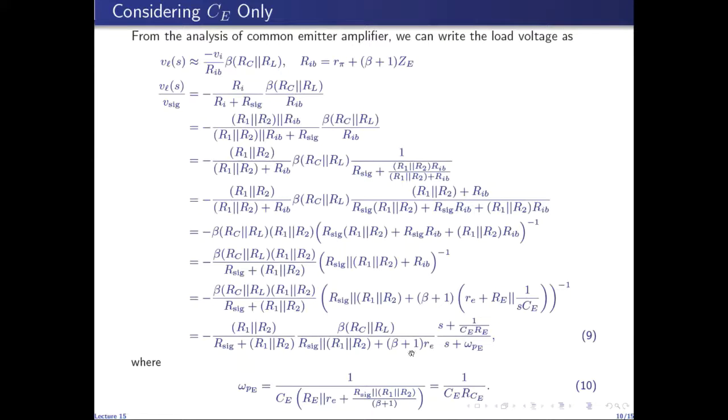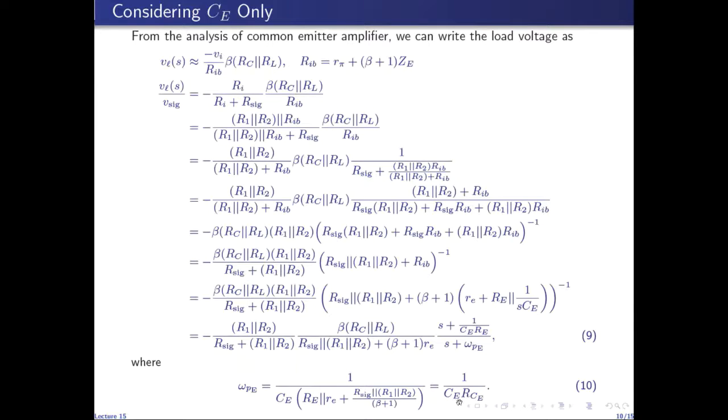This will appear in the denominator. And whatever is left inside, I can simplify by taking the LCM and solving, and then take the inverse. And eventually, I'll get an expression of this form, in which omega PE will be the inverse of this time constant.